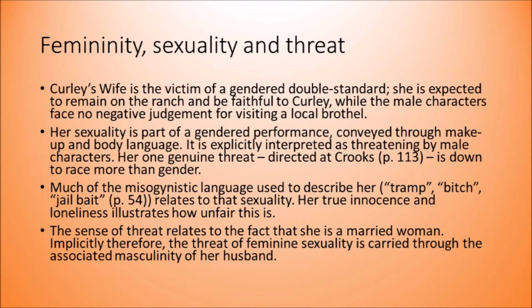But that sense of threat comes from the fact that she is married. The male characters, it seems, don't feel particularly threatened by unmarried women like the prostitutes they go to visit. So one way you could think about this is that the threat doesn't come from Curly's wife, but from the fact that Curly is there behind her.